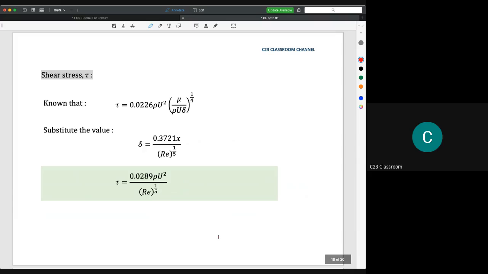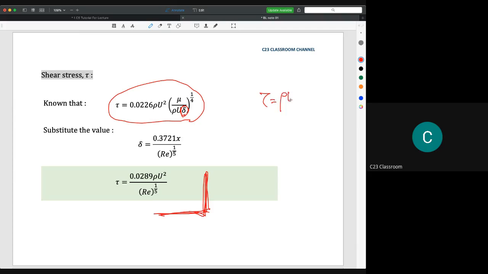And then shear stress. Again, we have the shear stress from the Blasius solution, with a delta here. We substitute the value of delta, then we get this term as our shear stress. Here we are not using the shear stress from the Blasius calculation in rho U square d theta dx, because we still have unfinished business here, in the differential form.